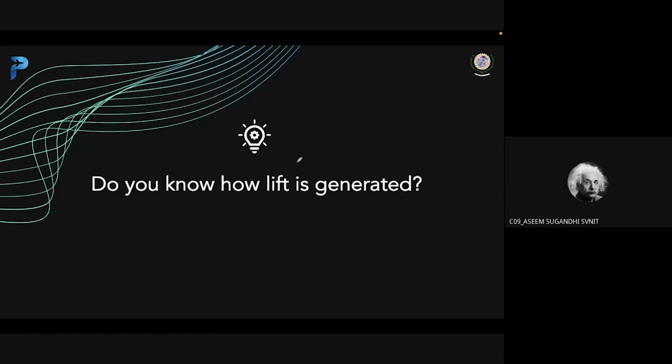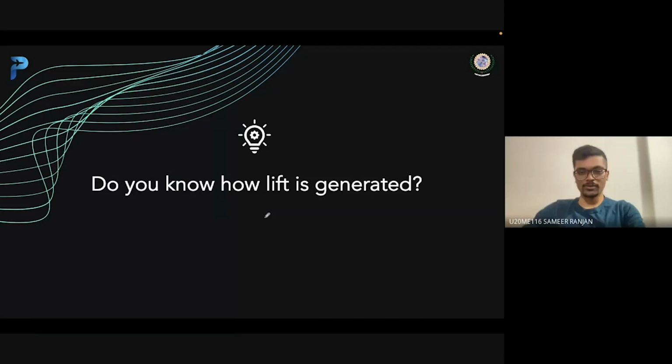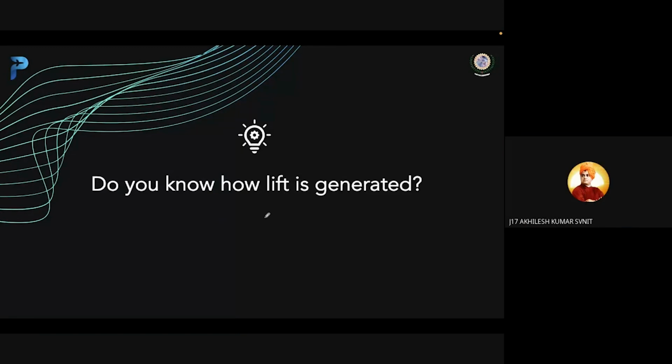Sir, it's due to speed. It's due to the pressure difference. The difference in the speed of air above and below the wing. Bernoulli's principle governs, and due to this, a pressure difference is generated, and due to that, lift is generated.